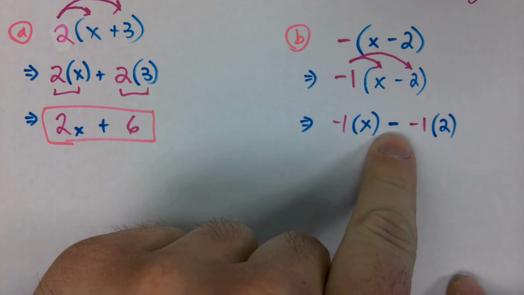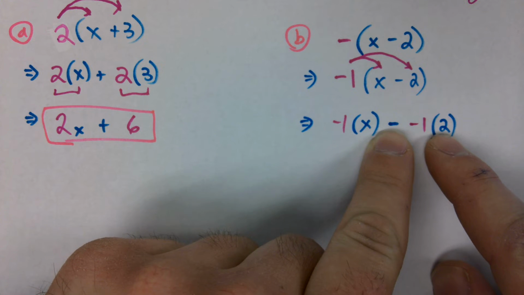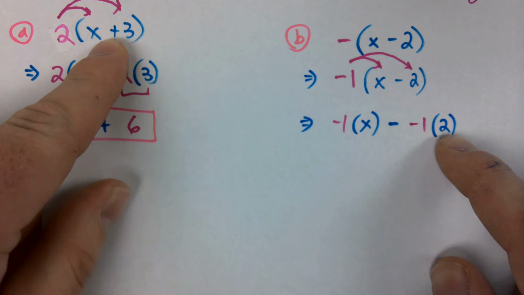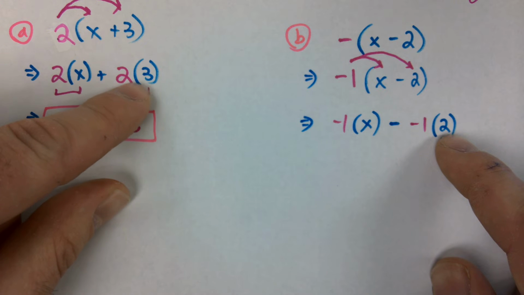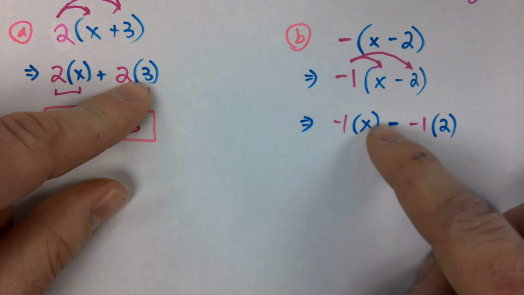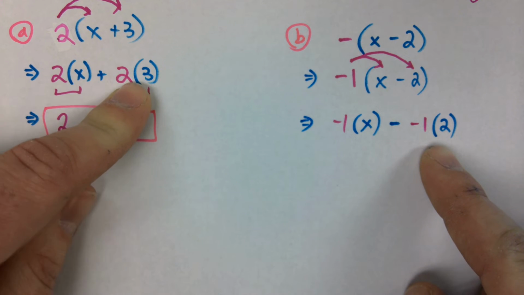Okay, we left the negative on the outside. We kept that 2 on the inside. The reason why we want to do this is because it perfectly matches up with what we did in example A. We had a plus and a 3. The plus stayed in the middle, and the 3 went in the parentheses. Here we have a minus 2. The minus stayed in the middle, and the 2 went into the parentheses. Give me a thumbs up if you're seeing what I'm saying there.